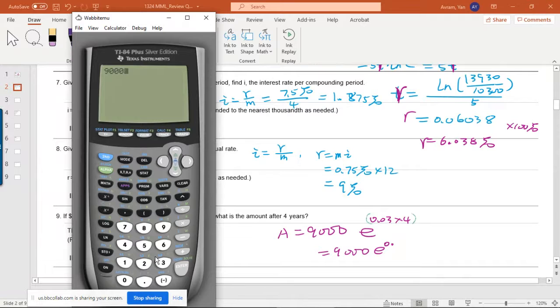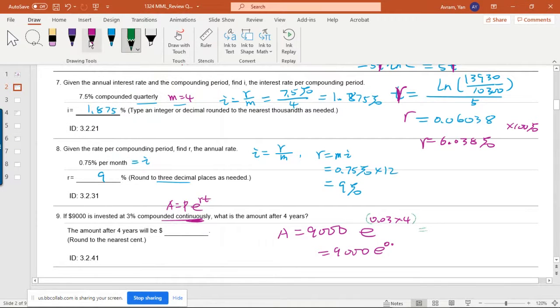If you have 9,000 times e, okay, second ln is the e, right? 0.03 times 4. Good thing is this one gives you the parenthesis automatically. All right, so this whole thing is 101, 7.47, I think.